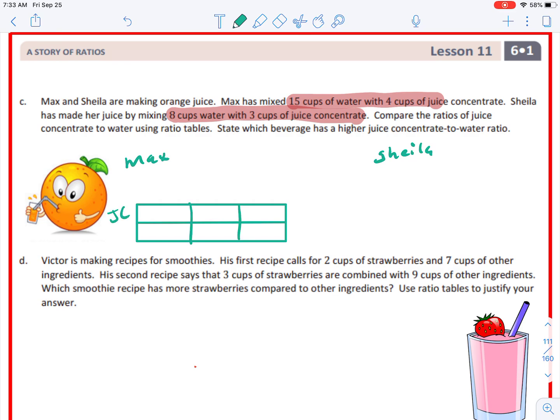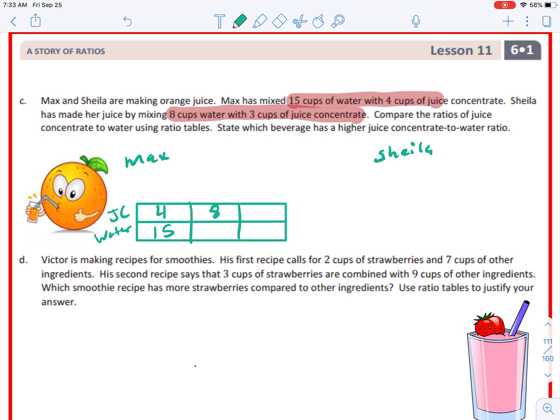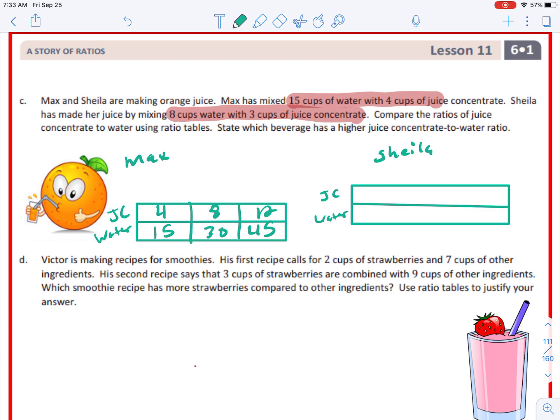Our first one was 4 to 15. I'm going to complete the table. Okay, good. Now, let's do Sheila. Juice concentrate to water. Hers was 3 to 8. So I'm going to complete my table.